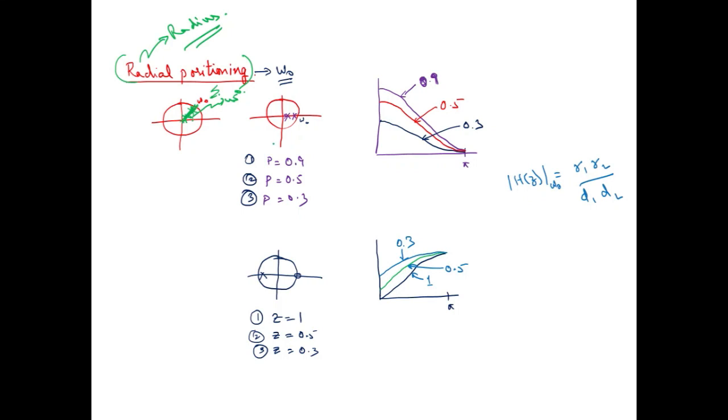In the first case, we have a pole at 0.9. In the second case, we have a pole at 0.5, and in the third case, we have a pole at 0.3. Okay, so what happens?